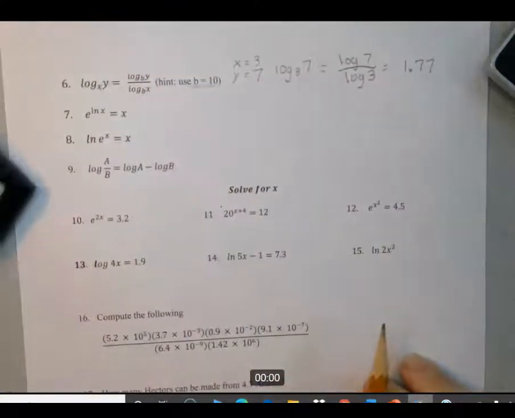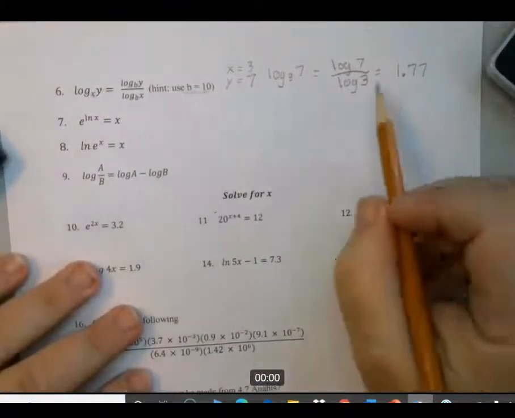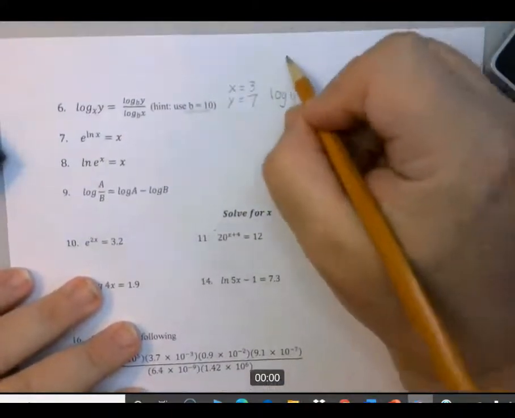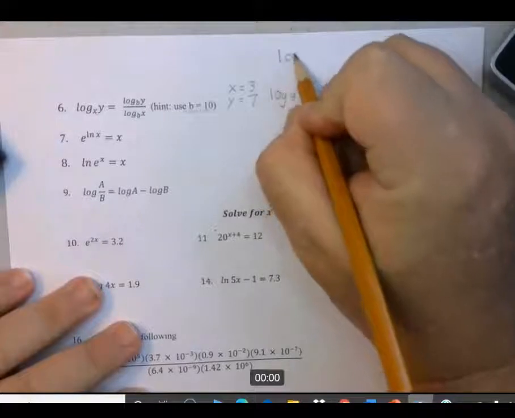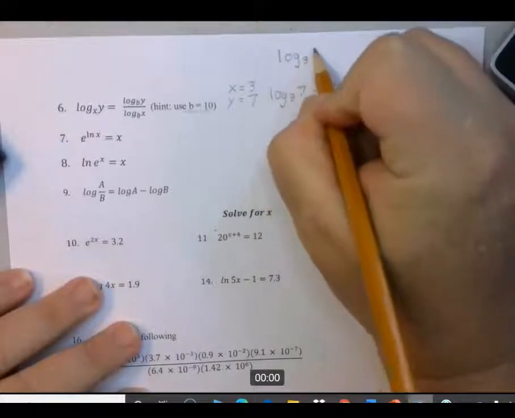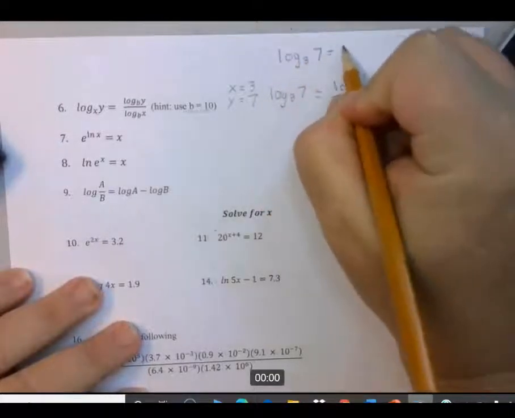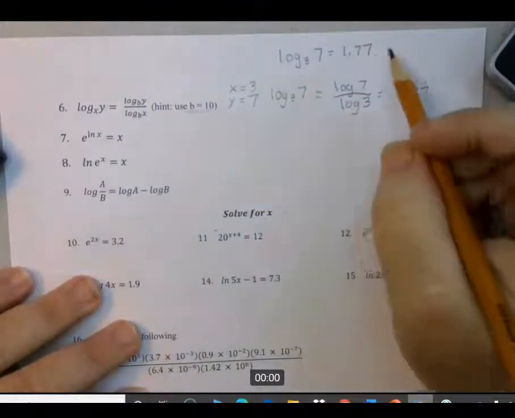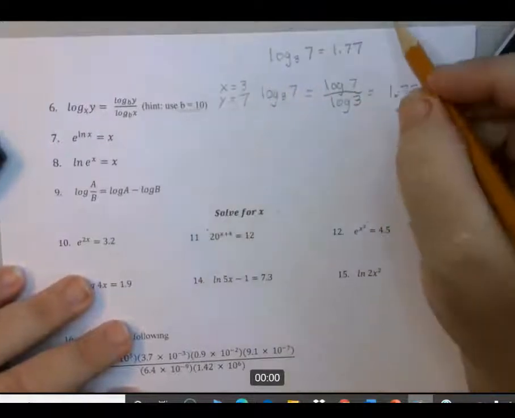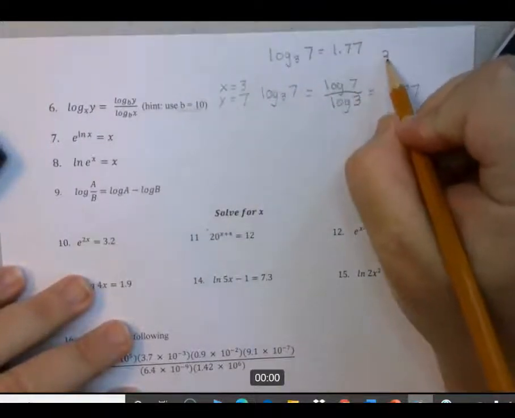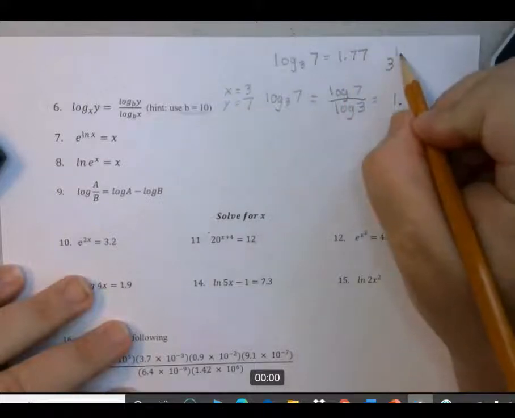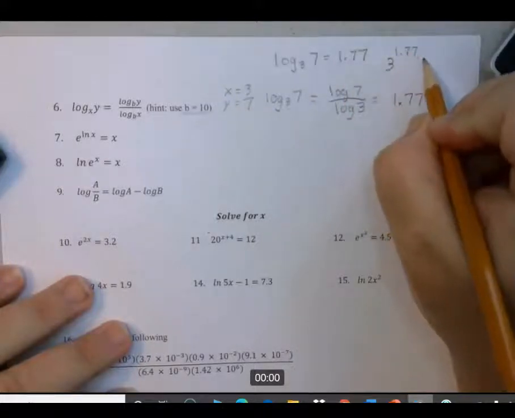Okay, so how do we verify that? Well, what this is saying is the following. I'm going to write it up above since I have more space up there. It's saying that log base 3 of 7 equals 1.77. So what that's really saying is that 3, if I turn it into an exponential, raised to the 1.77 should equal 7.